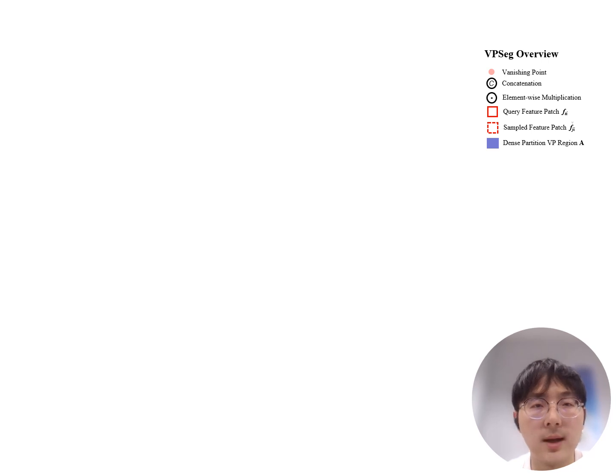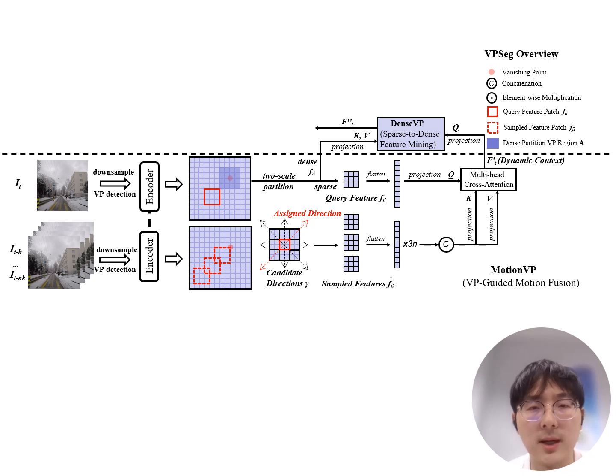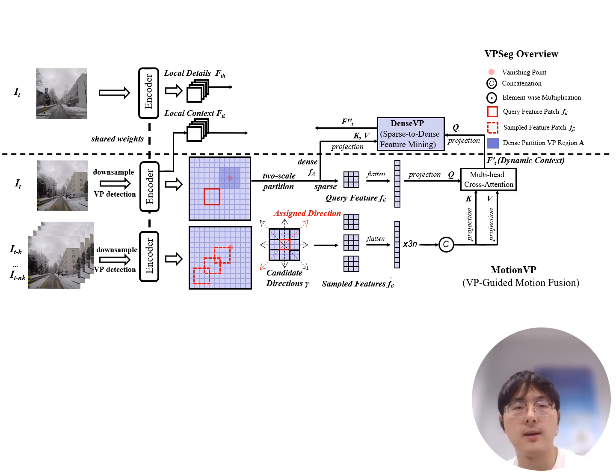This is the whole pipeline of our method. In the MotionVP module, video frames are downsampled to extract context features, which go through cross-attention to capture dynamic context. It is further augmented by DenseVP to mine more fine features in the VP region through a two-scale partition strategy. In the upper part, we obtain local context and local details from downsampled and high-resolution target frames, respectively.